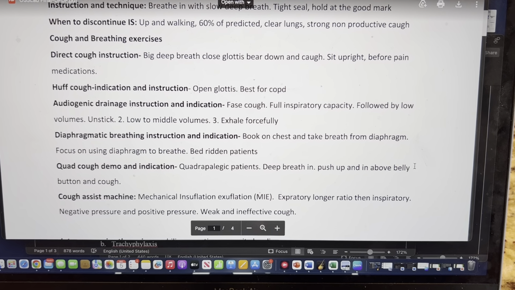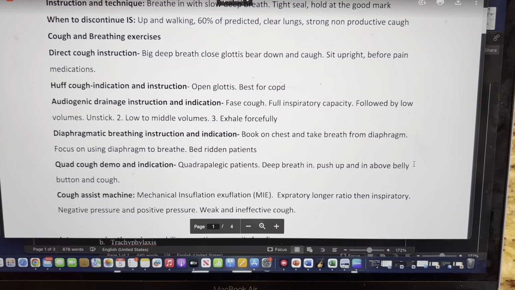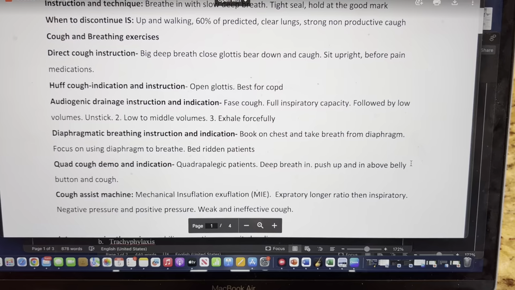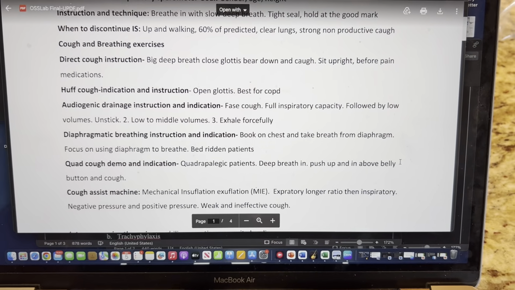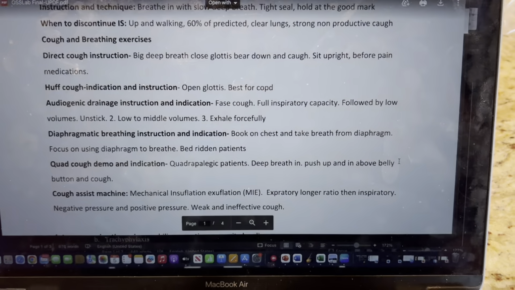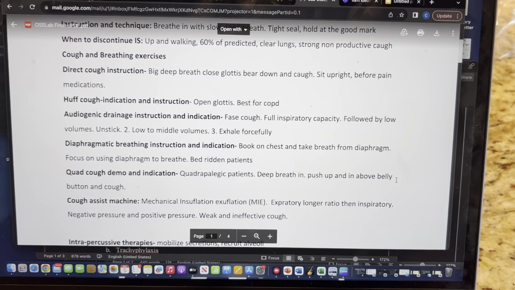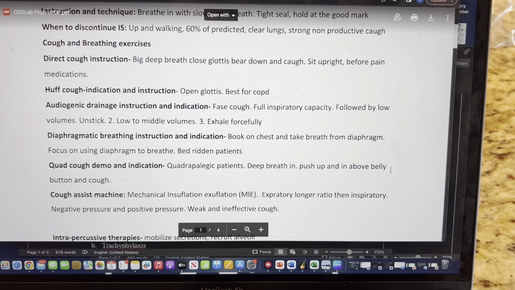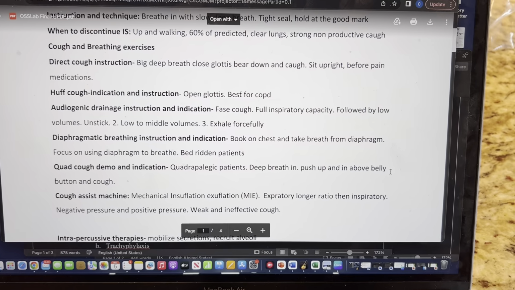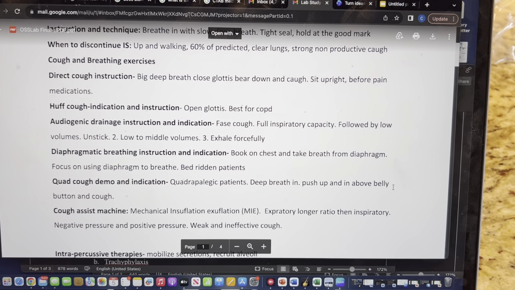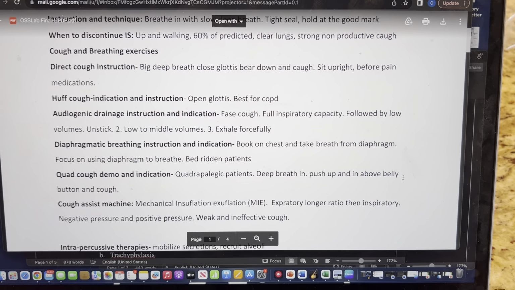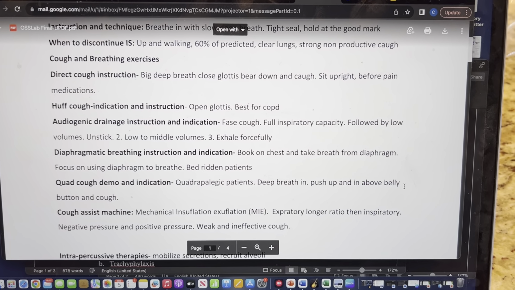Then low to middle volumes, and then exhale forcefully. So the 3 steps.